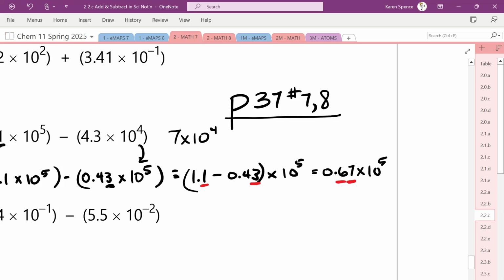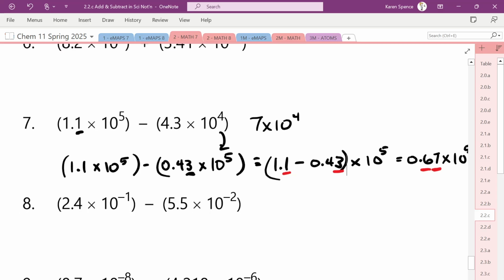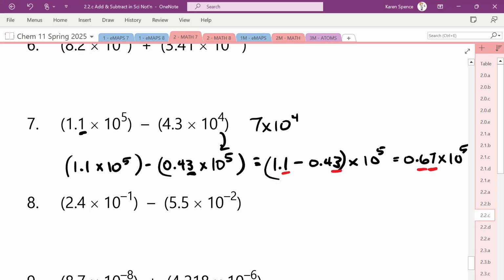So if you're doing that first question, if you did not get 7 times 10 to the 4, you got something else. Remember, you have to change the 2 powers of 10 so that they are the same.